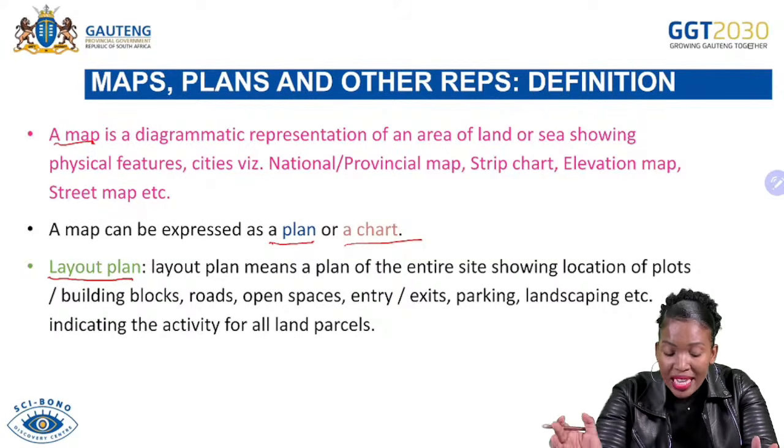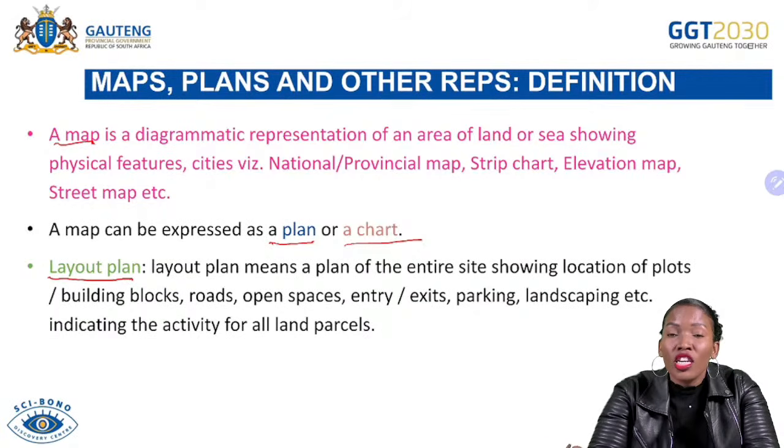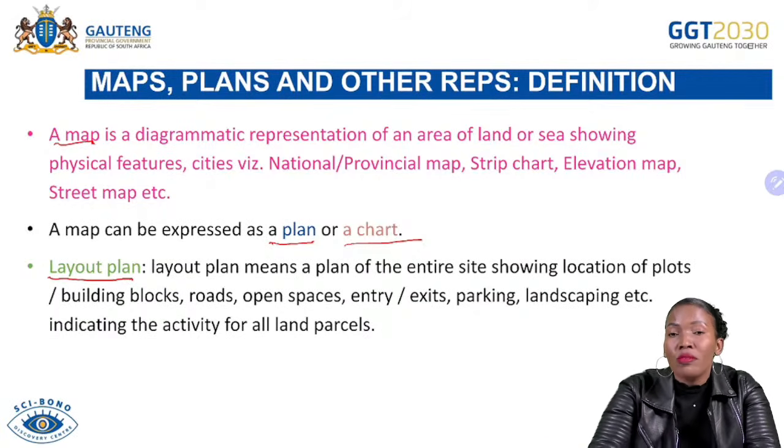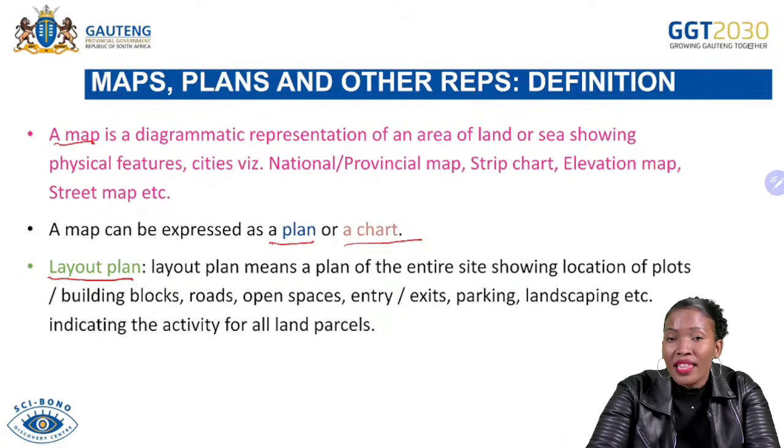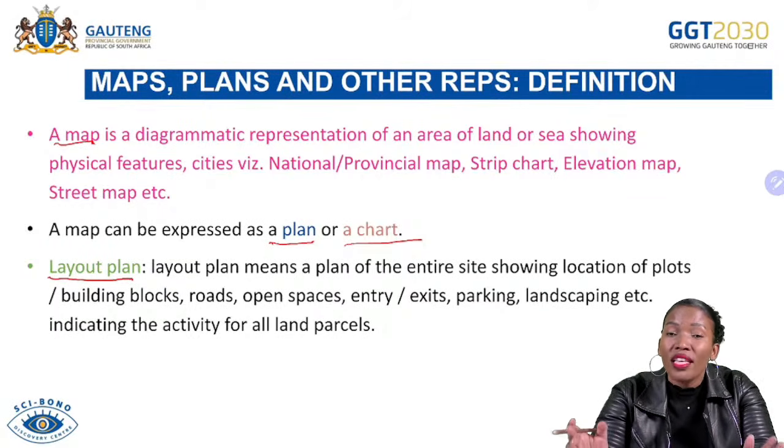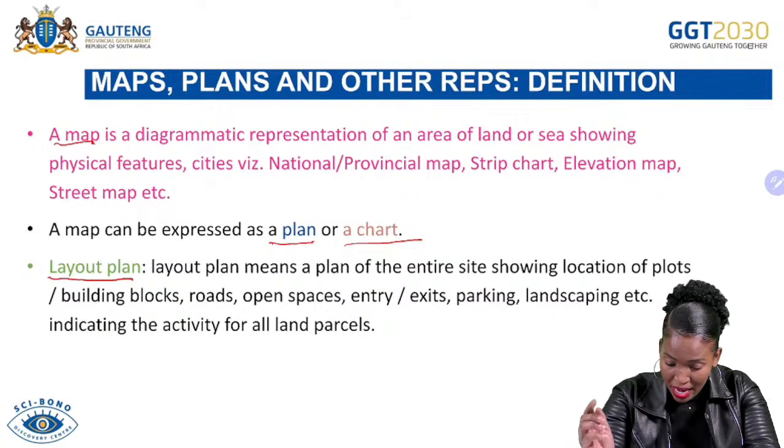When you are studying a layout of a shopping center, you will see it shows all the shops that are in the shopping center. It will show you the entrance to the shopping center, the exit, the bathrooms, the restaurants, the parking, everything, all the important info that you need to know with regards to a layout plan.